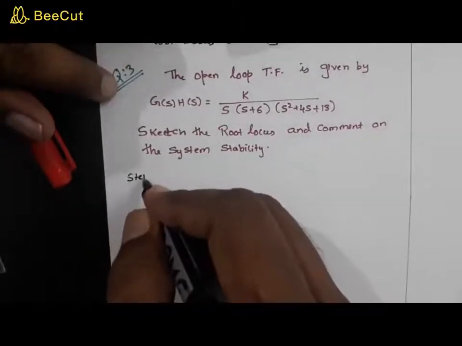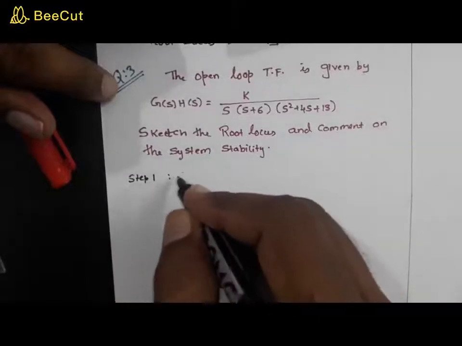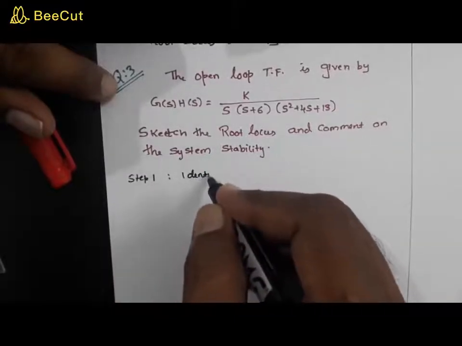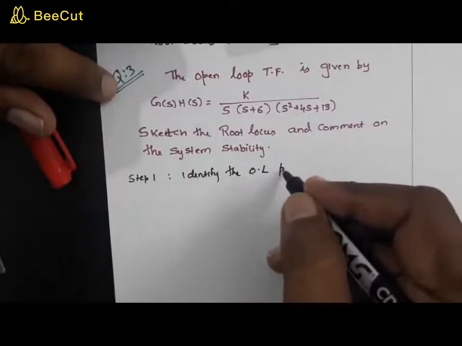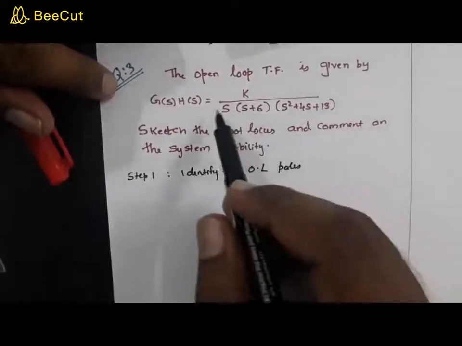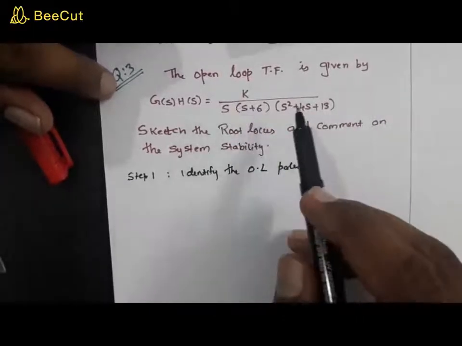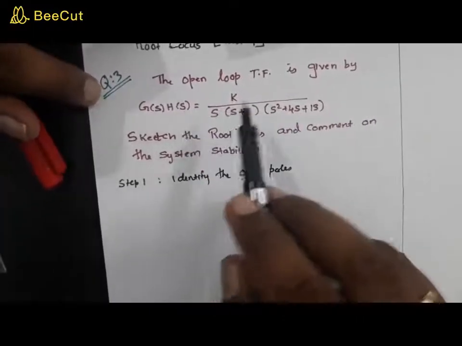What is step 1? In step 1, you need to identify the open loop poles. For that you should equate the denominator of the given G(s) to 0.